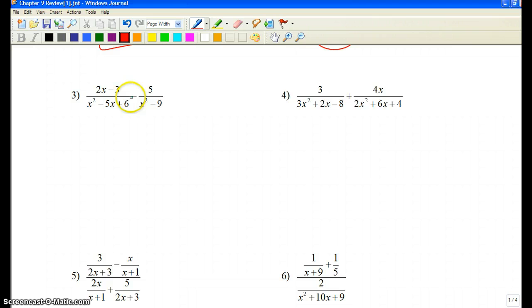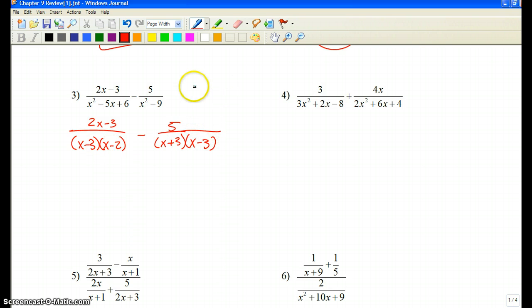This is subtraction. Now, for subtraction, to subtract two fractions, we have to have the same denominator, so that's what we're going to do. To figure out what the denominator is, we're going to factor to see what factors are actually in the denominators so that we can work to get a common denominator.